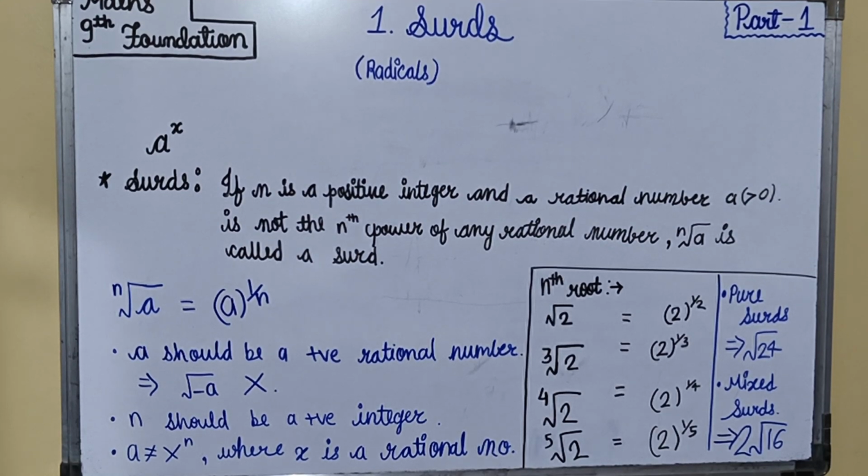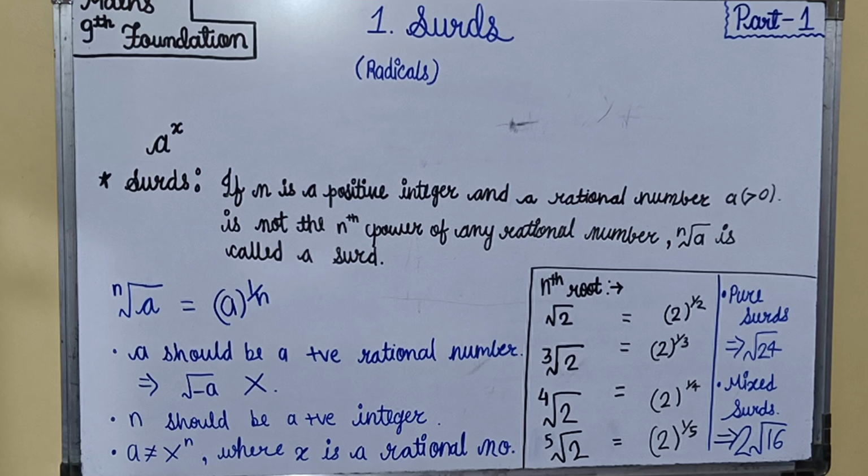In the next part, part 2 of this chapter Surds, we are going to learn the conversion of mixed surd to a pure surd. We'll solve questions based on it. Then we'll see some important points to remember. Then we will see the operations of surds. First one will be addition and subtraction of surds, and second one will be multiplication and division of surds.